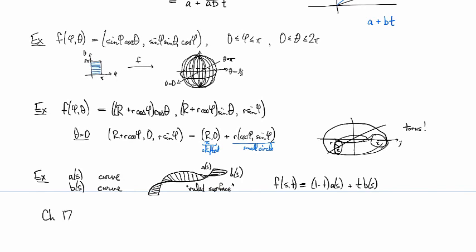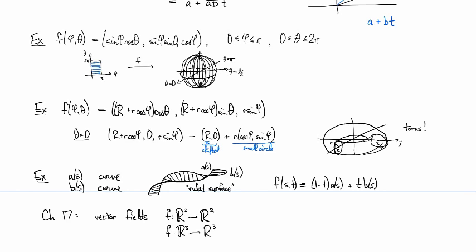Later on in chapter 17, we will look at vector fields. All of chapter 17 is about functions that go from R2 to R2, or from R3 to R3. The main point just being that the domain and codomain both have the same dimension. So it's from the same Rn to the same Rn.